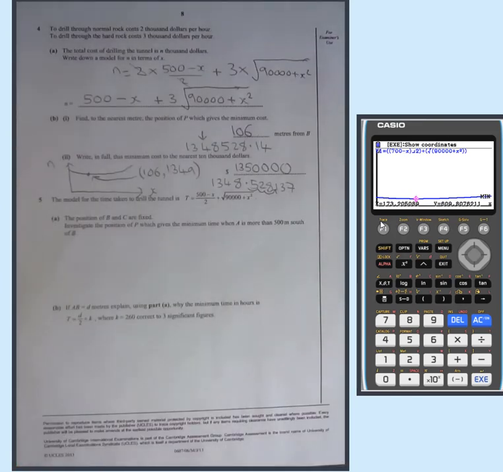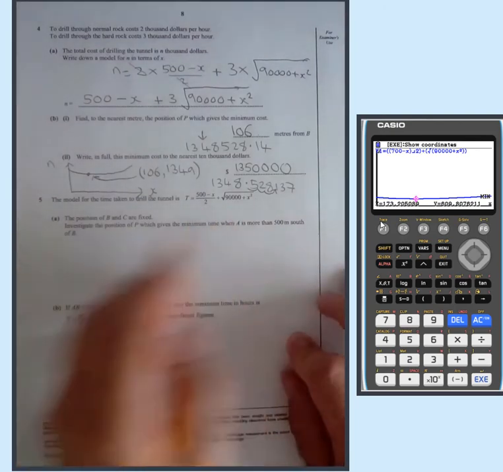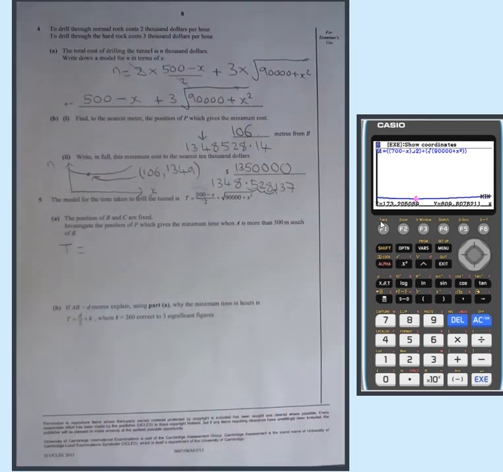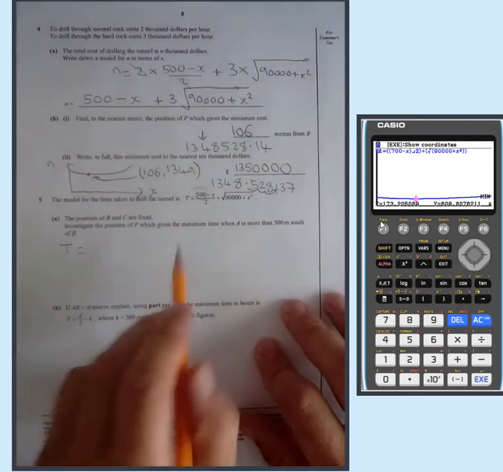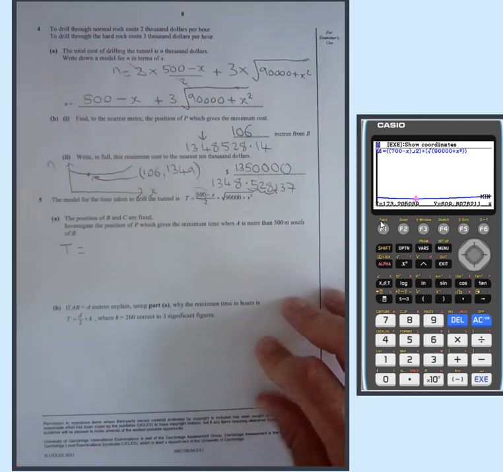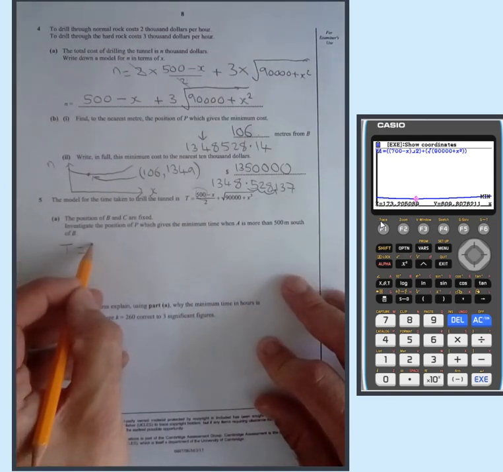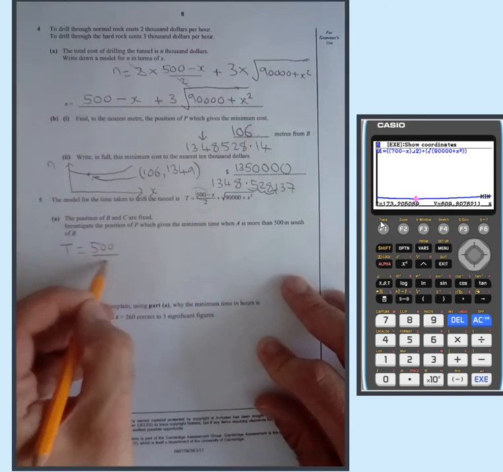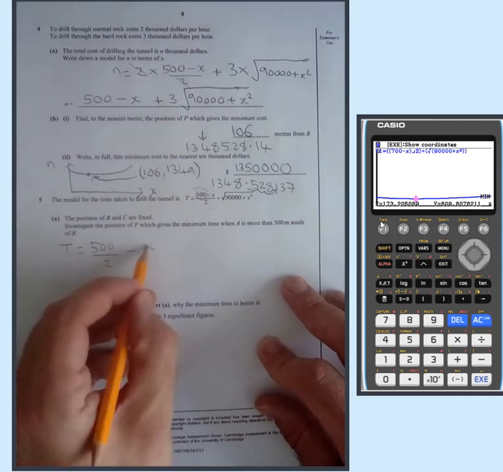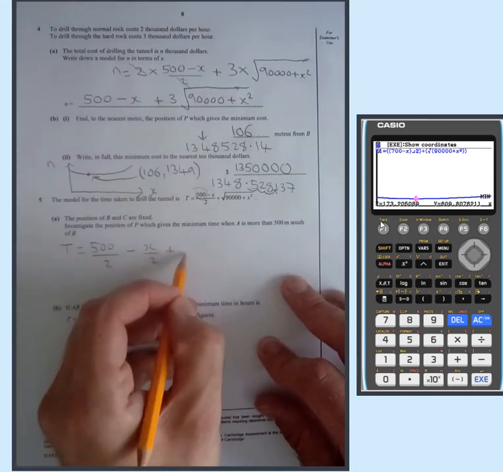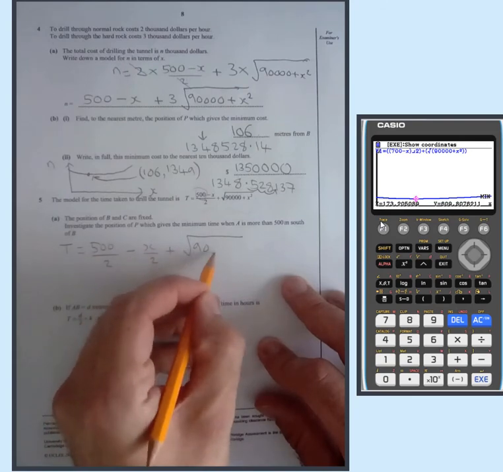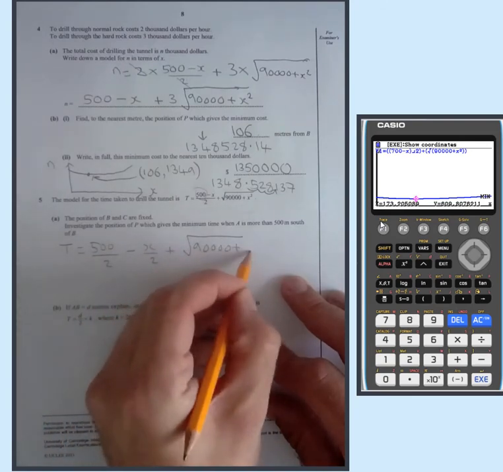What we could do is just change this model. If we rewrite this model a little bit, T equals 500 minus X over 2 plus the square root of 90,000 plus X squared. We could rewrite this as 500 over 2 minus X over 2 plus the square root of 90,000 plus X squared.